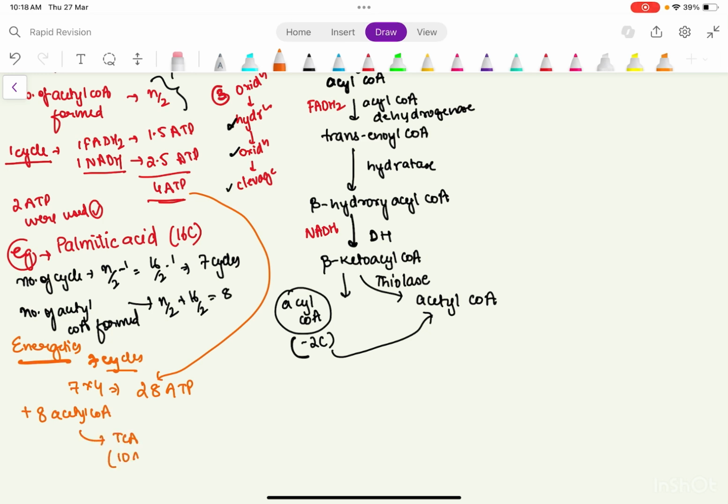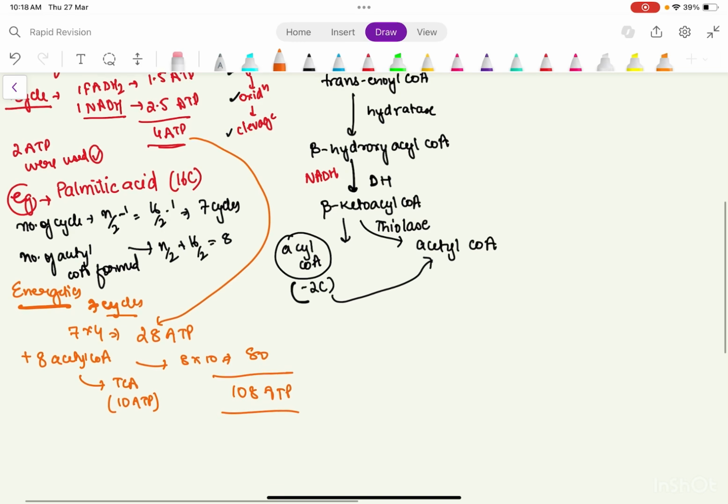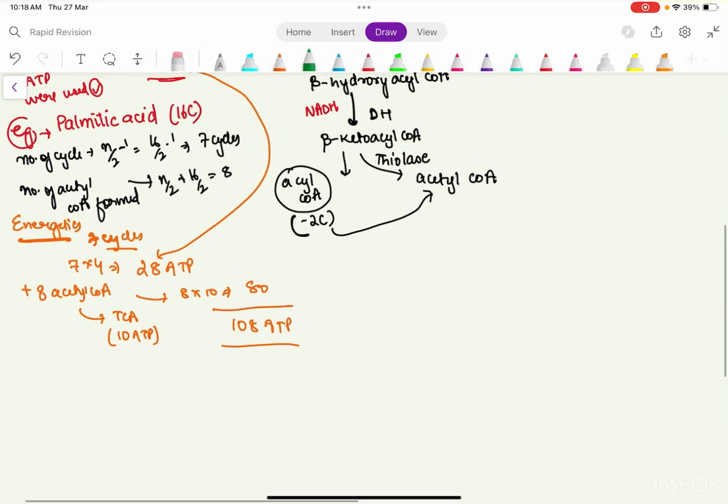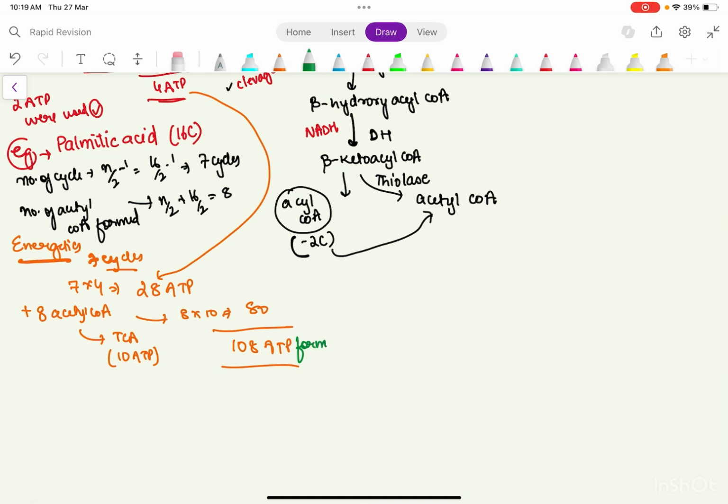One TCA cycle gives 10 ATP, so 8 into 10 is 80, so 108 ATP is formed. Then minus 2 ATP utilized in activation, so the resultant is 106 ATP. So the answer is 106 ATP.